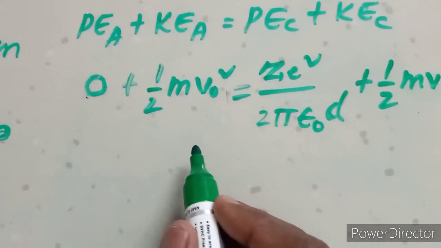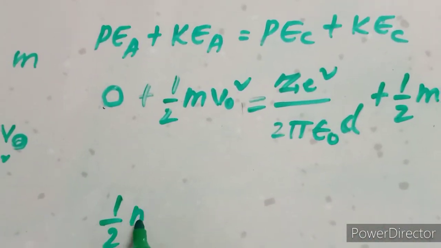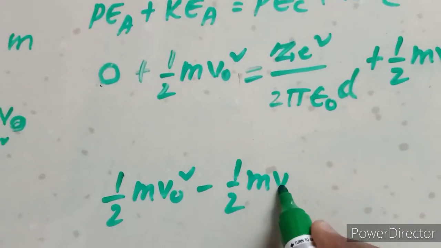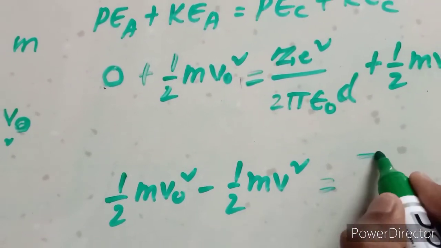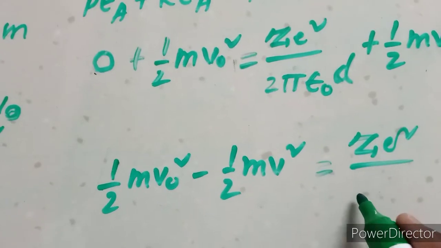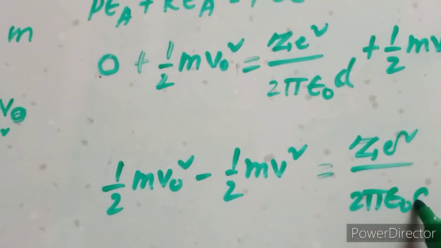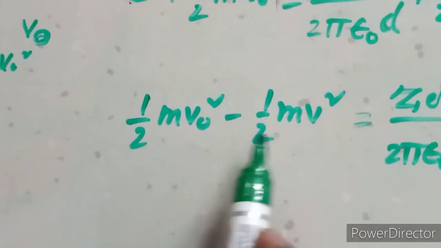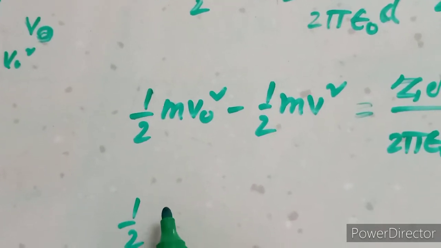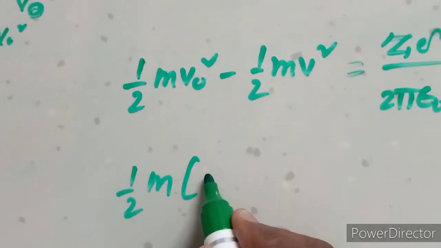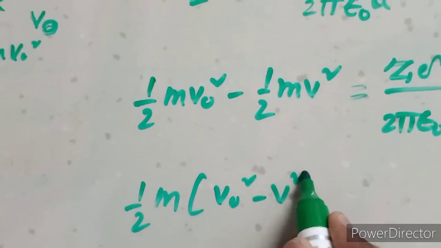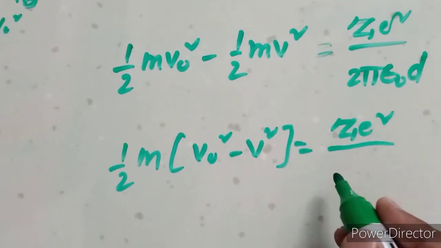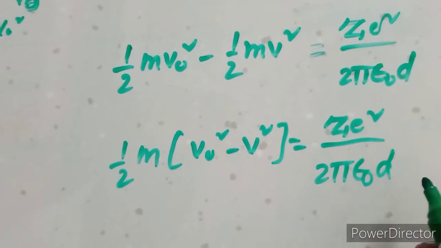So this equation can be written as half m v naught square minus half m v square equals Ze square upon 2 pi epsilon naught d.